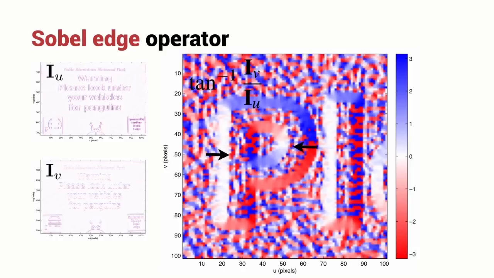On the other side of the letter, the gradient is in fact increasing from right to left, because it's at this point that we're falling from the high white value down to the dark value. So the gradient is right to left. And we can see on this side of the letter, the gradient angles are either plus pi, which is shown as dark blue, or negative pi, which is shown as dark red.